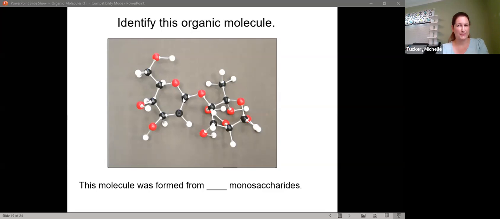No, alanine is an amino acid. So this would have been glucose. So if we just did this one here, this is glucose. Then if you did glucose plus glucose, the whole thing, this would be known as maltose or disaccharide.